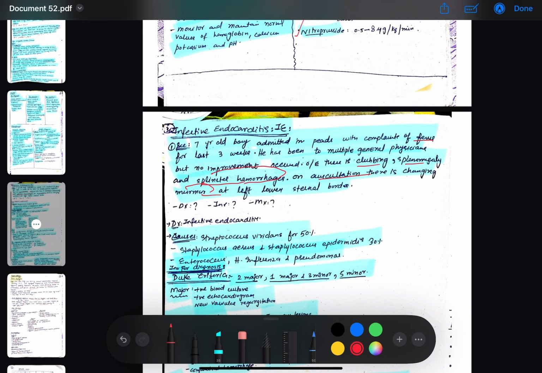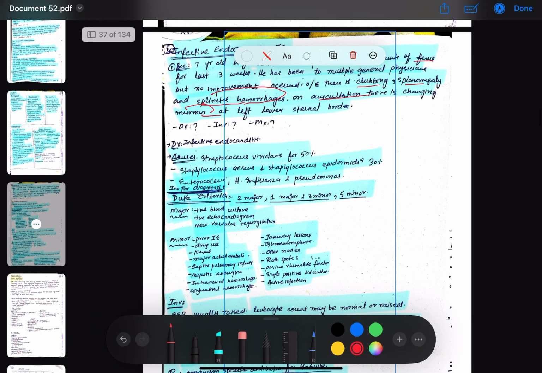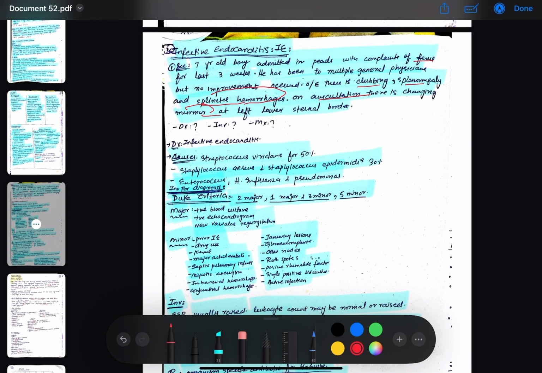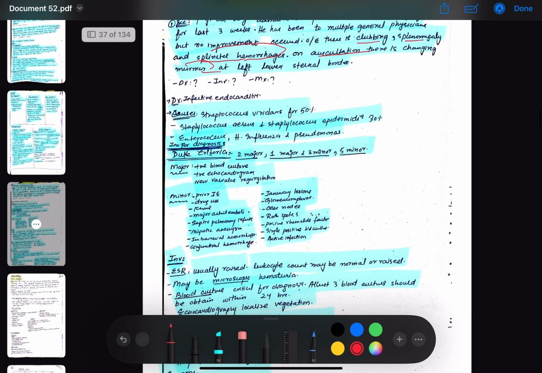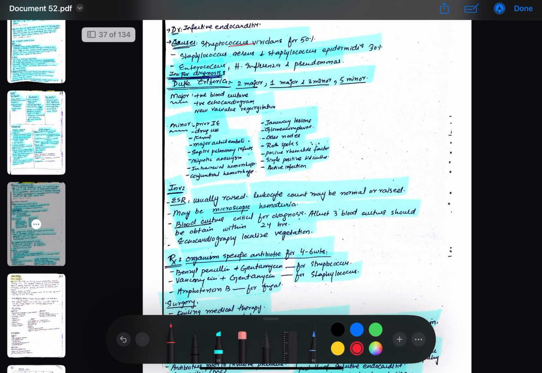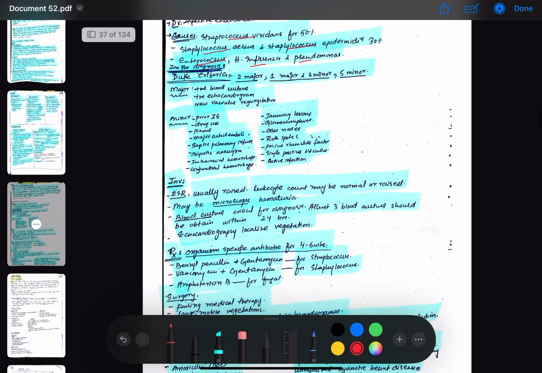The main features that diagnose infective endocarditis are splinter hemorrhages, clubbing, splenomegaly, and auscultation shows a murmur. These are the causes, that is Streptococcus viridans, Staphylococcus aureus, Staphylococcus epidermidis, Enterococcus, H. influenzae, and Pseudomonas. It is diagnosed on the basis of Duke's criteria, which contain major and minor points.